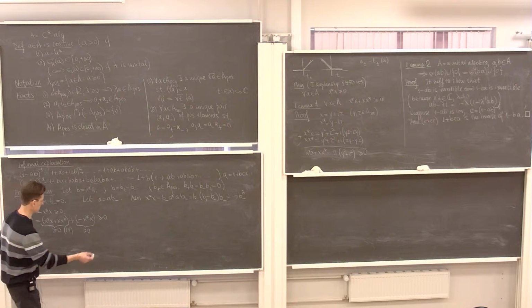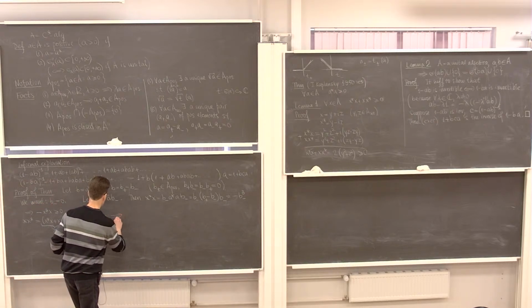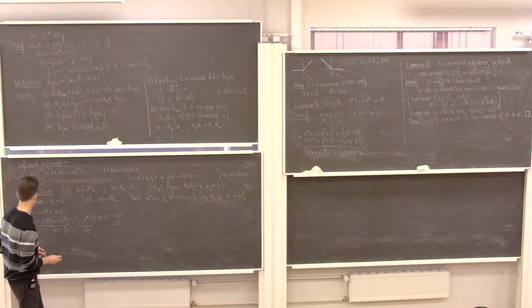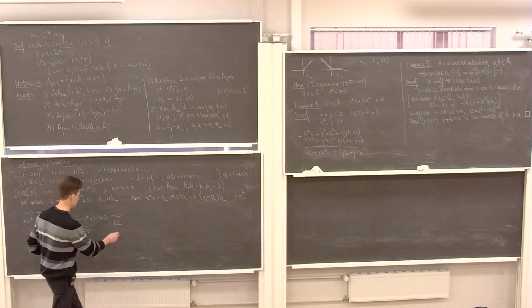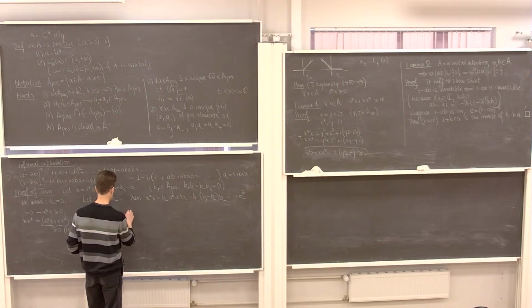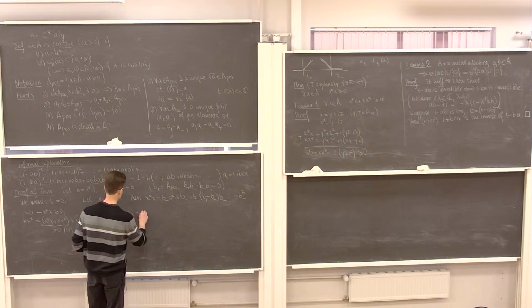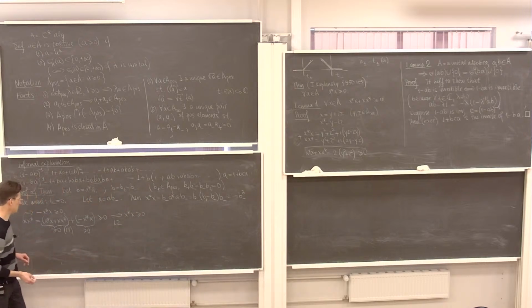X X star is positive. So the spectrum of this element sits in the non-negative half line. But we can now apply lemma 2. The spectrum of the element X star X is essentially the same, modulo 0. So this implies that X star X is also positive. Well, but we already know that minus X star X is positive.